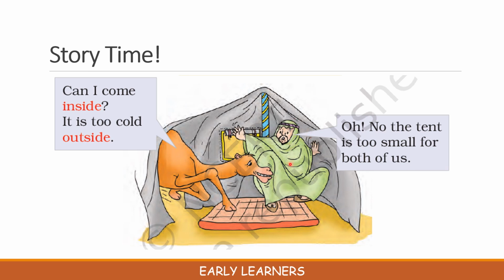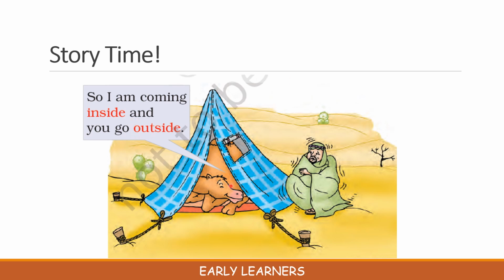But the Arab got so confused. It's like, oh no, the tent is too small for both of us. You see, the tent is very small and the camel is so big. So what happens? The camel said, so I am coming inside and you go outside.